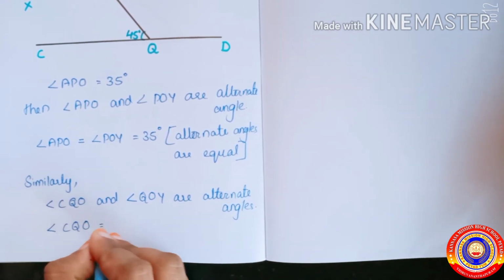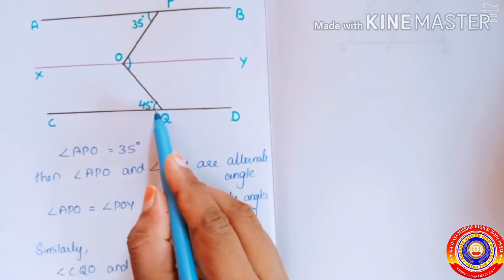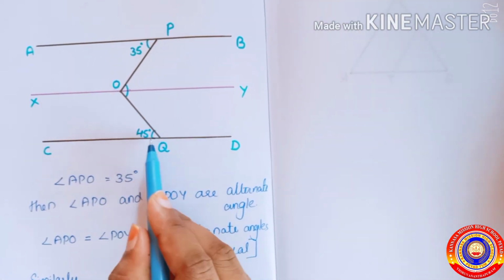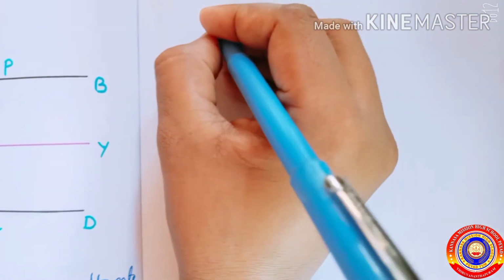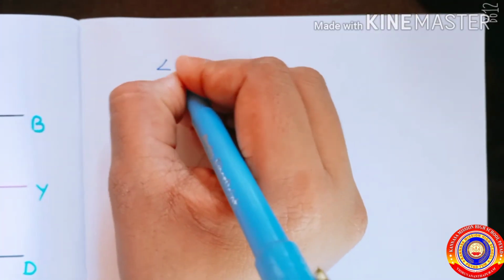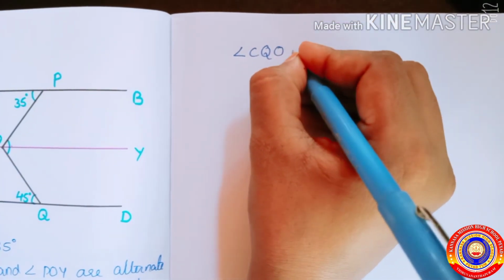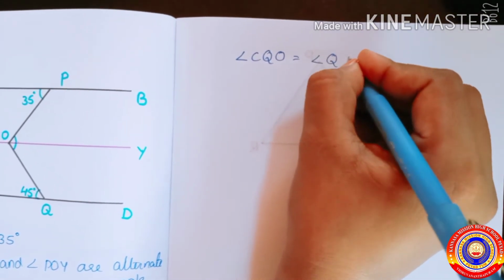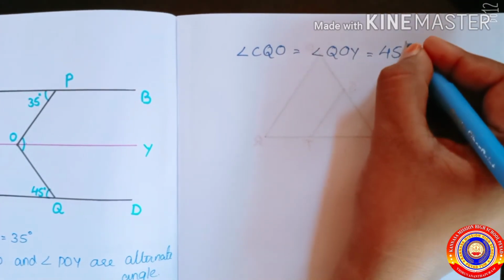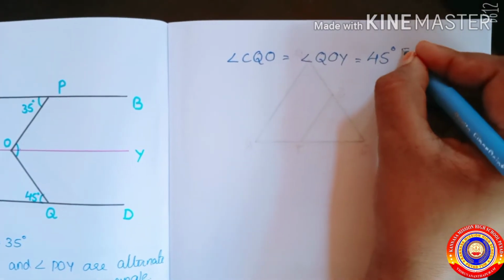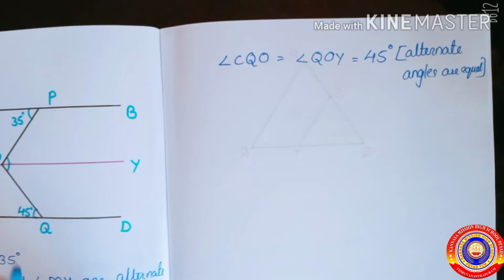Angle CQO is equal to 45 degrees, which is given in the question. So the alternate angles are also equal. That is, angle CQO is equal to angle QOY, which is equal to 45 degrees, because the pairs of alternate angles are equal.